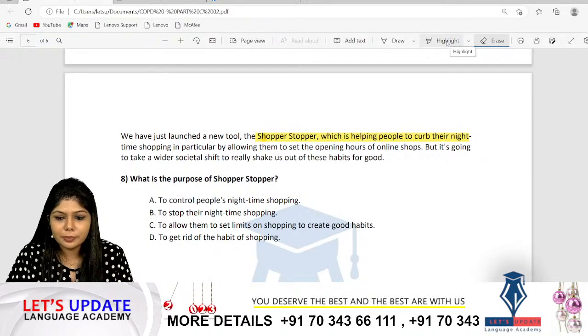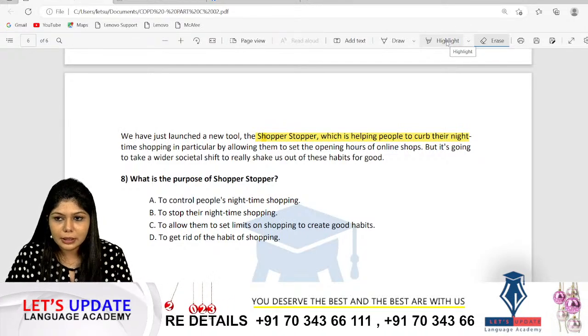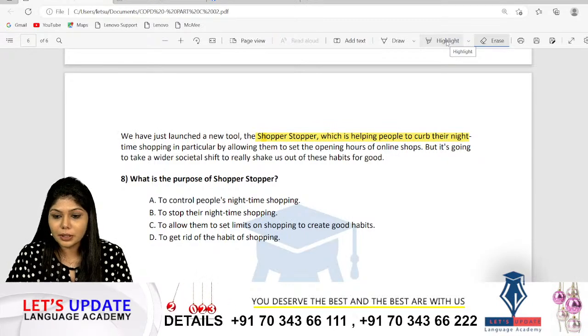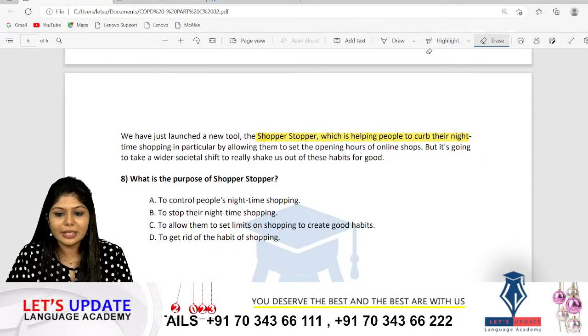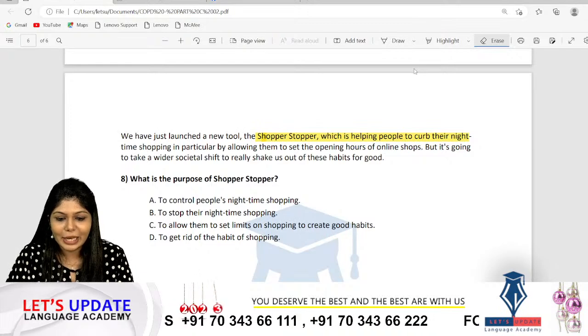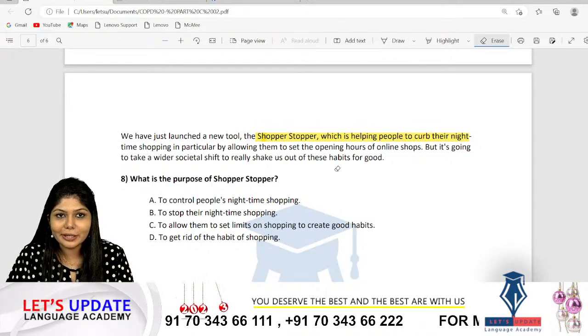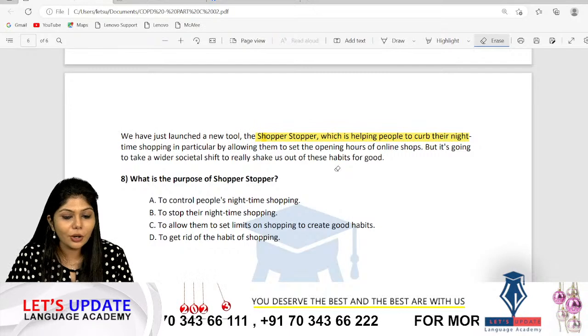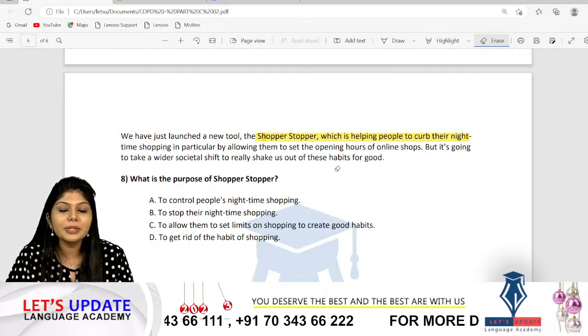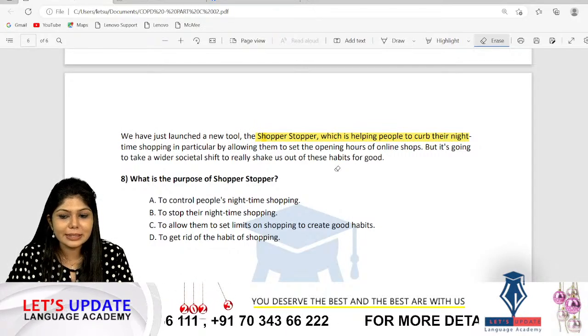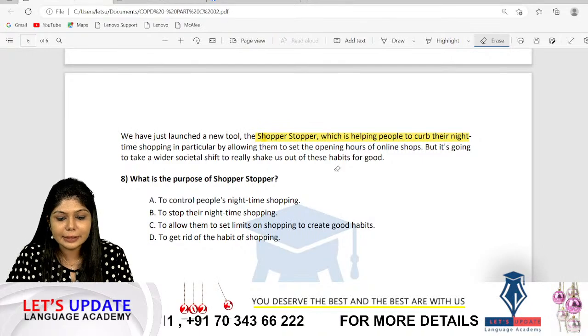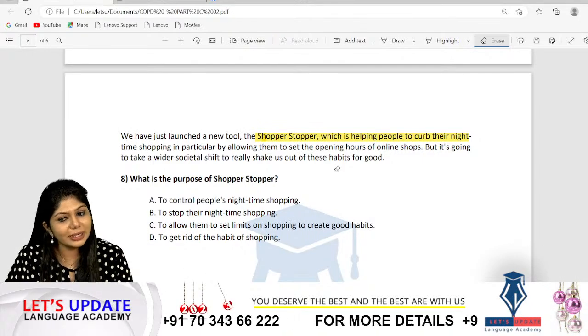Curb. So what is the meaning of the word curb? Curb means control, okay, or keep in check. Okay, it's not to stop. So that means your answer will not be or should not be B, that is to stop their nighttime shopping. Curb just means to control or to keep in check.